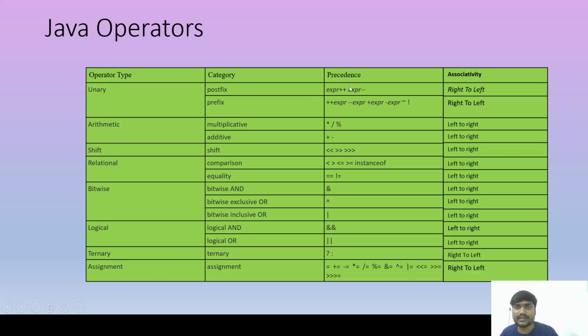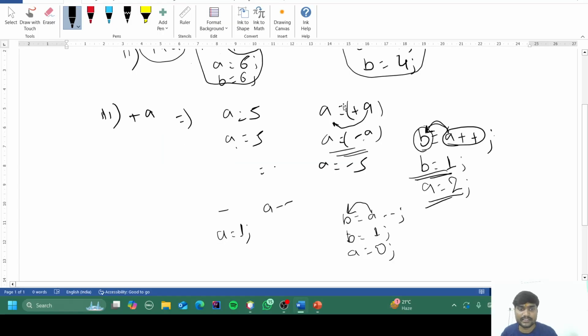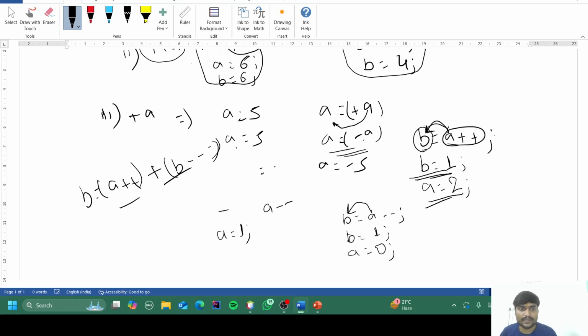Now if you can see here, there are two things written, precedence and associativity. What does precedence mean? Suppose we have many operations to be performed at a single time, like a plus plus, b is equal to a plus plus plus b minus minus. So multiple operations are performed at a single time.